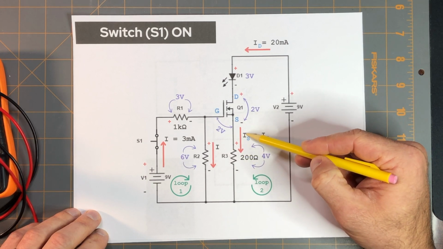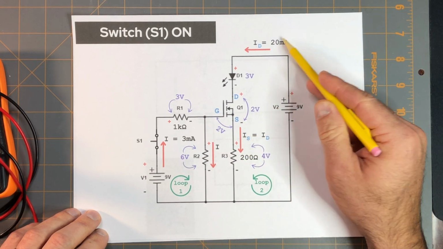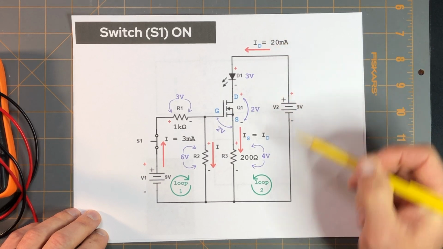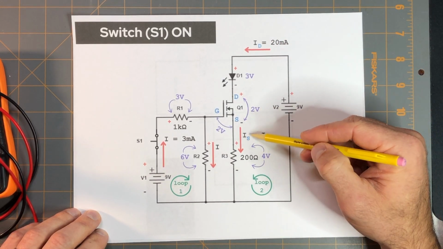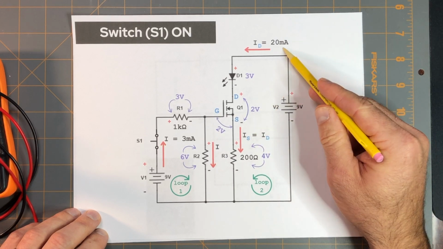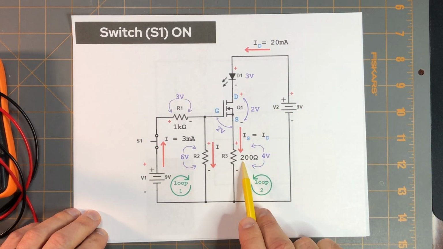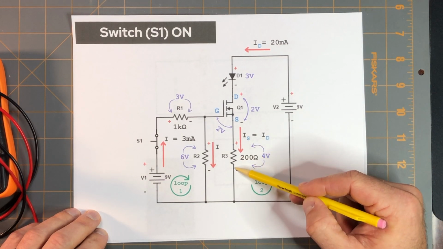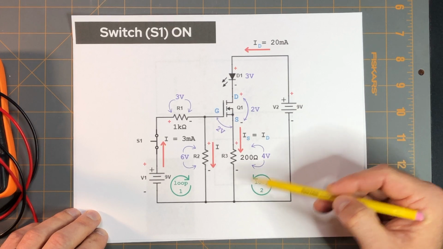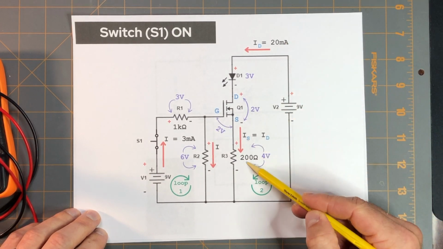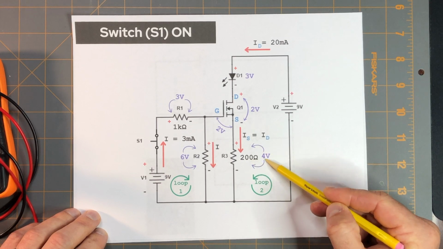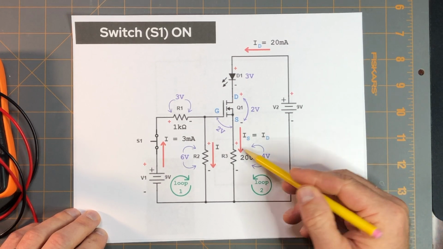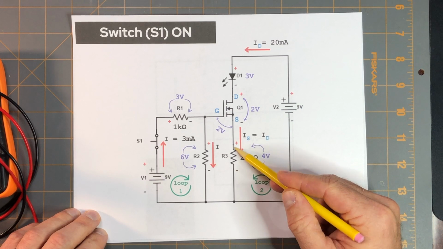Hence, the source current is equal to the drain current, which is 20 milliamps. So, knowing that the source current is 20 milliamps and the value of resistor R3 is 200 ohms, we can use Ohm's law to find the voltage drop across R3. If we multiply 20 milliamps times 200 ohms, we get 4 volts, which is the voltage drop across resistor R3.